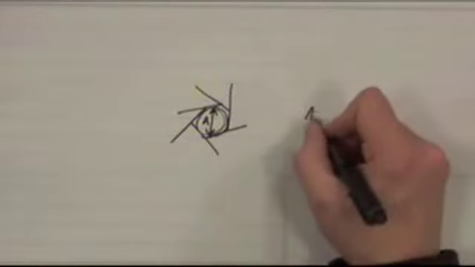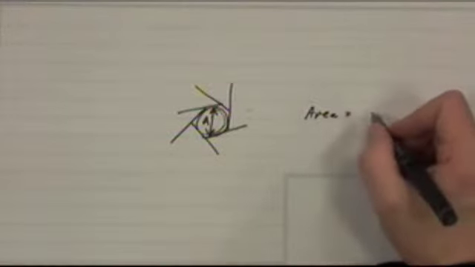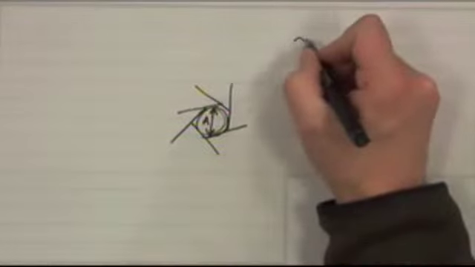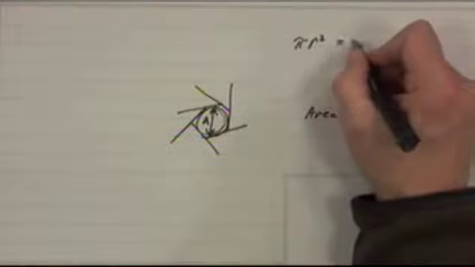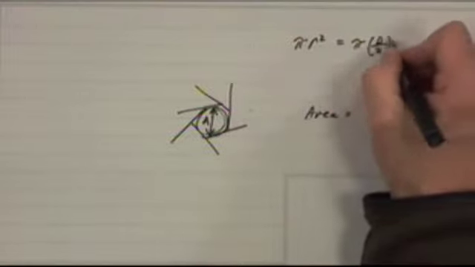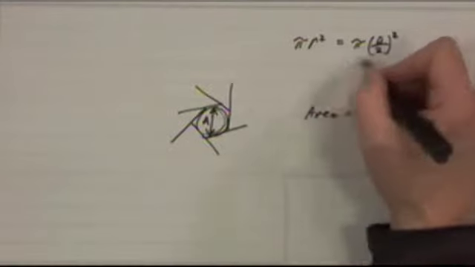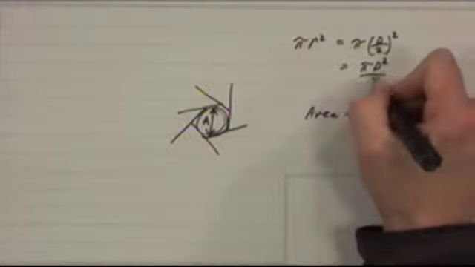So the area is going to be equal to pi r squared, right? So r is equal to d over 2, so the area is pi times d over 2 squared, which is equal to pi d squared over 4.